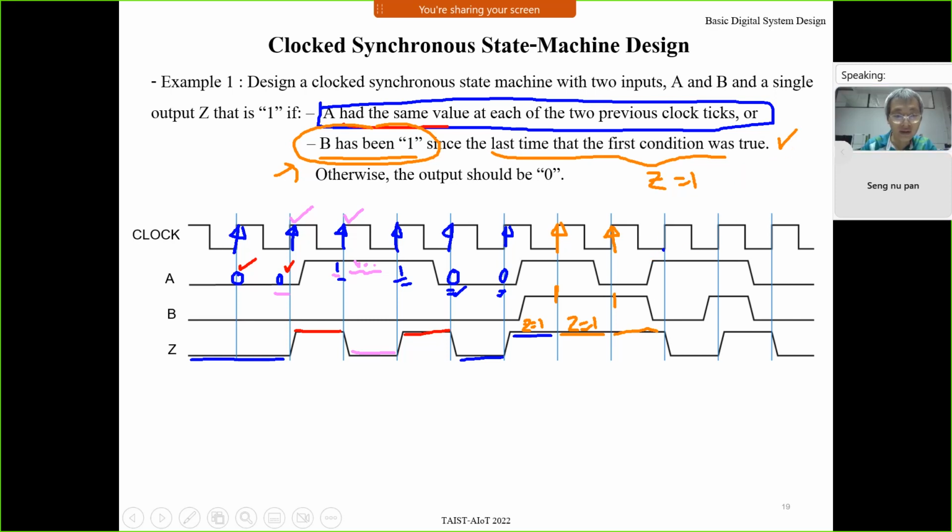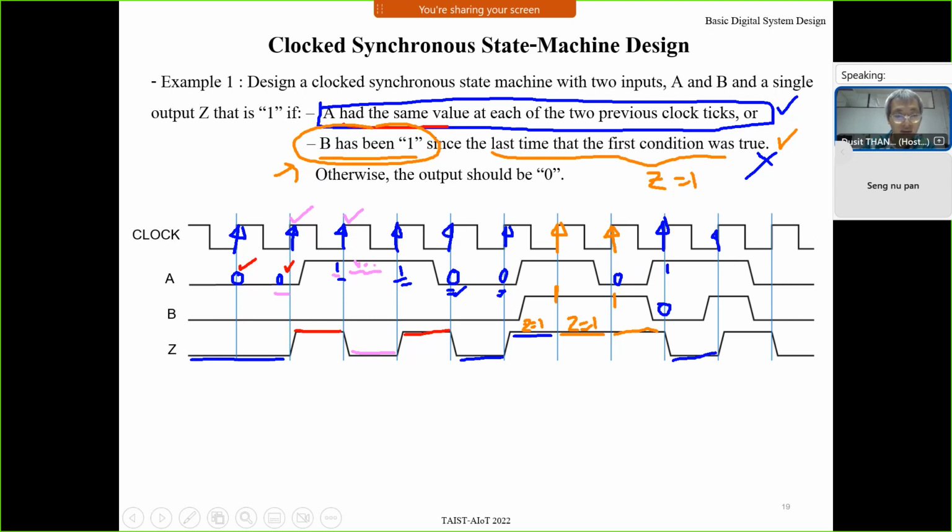But when clock tick at here, now B is 0. The second condition is not true, so you must consider the first condition, right? For the first condition, now A is 0, the previous is 0, okay? Different, so output becomes 0.